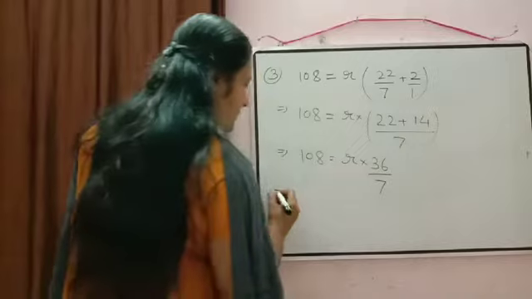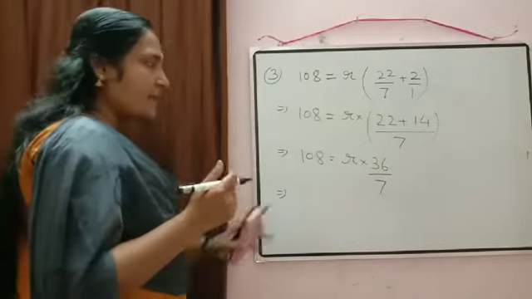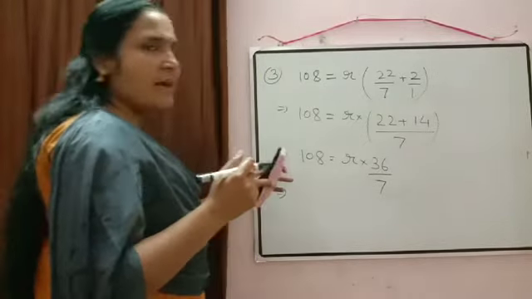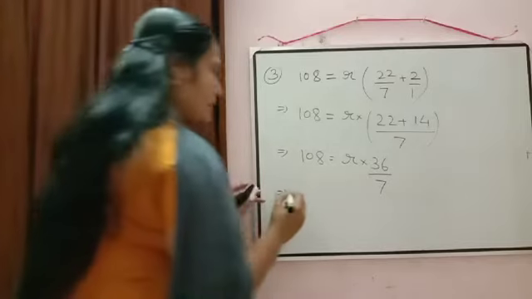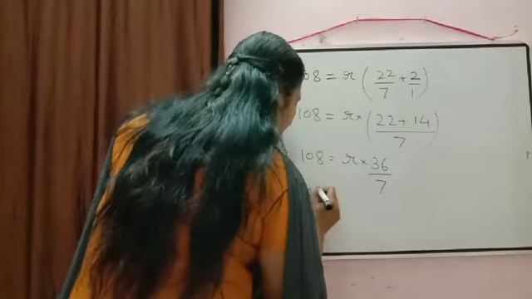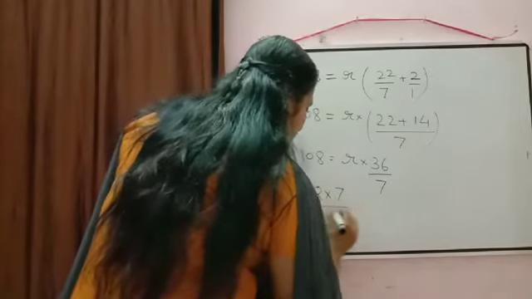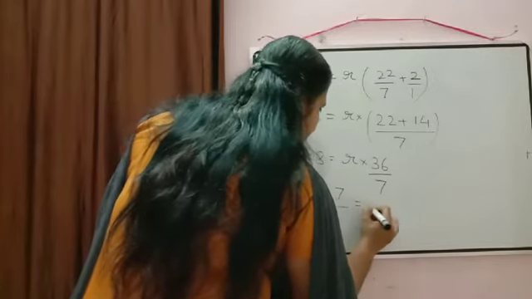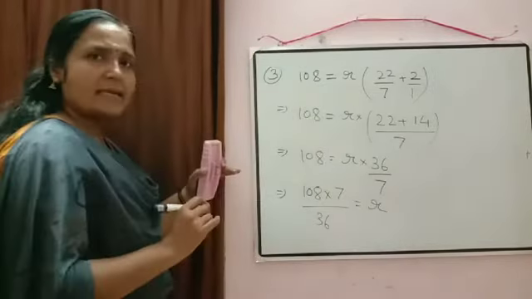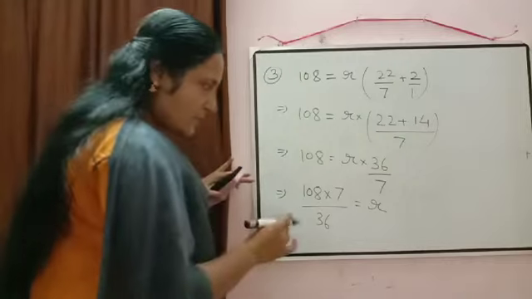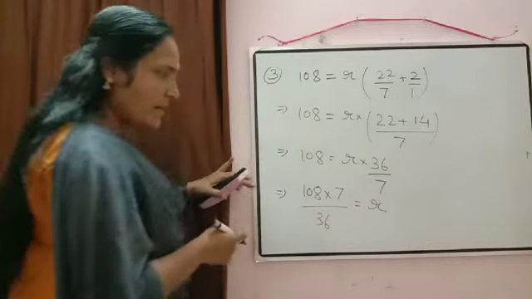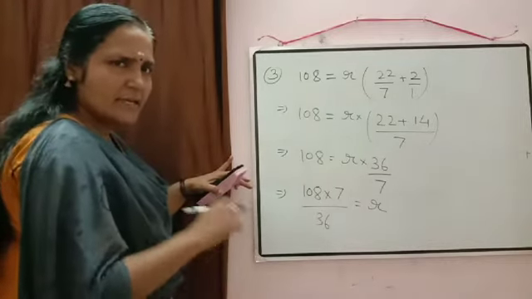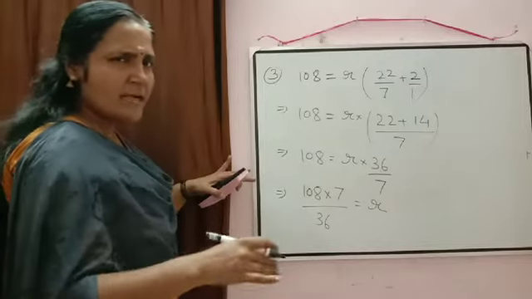Now we'll do the same thing: except for r, all the other values will shift to the left-hand side. So it will come 108 into 7 by 36 is equal to r. Now we can cancel the terms. I think both are divisible by 9. Shall I cancel by 9 instead of starting with 2?